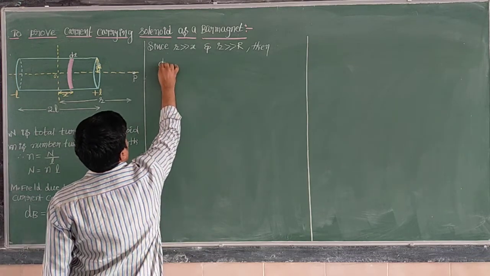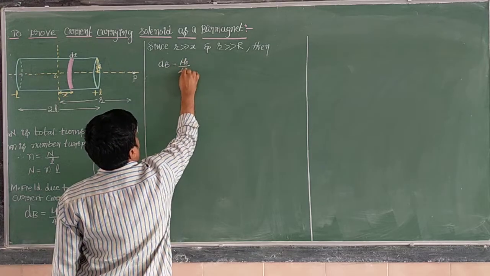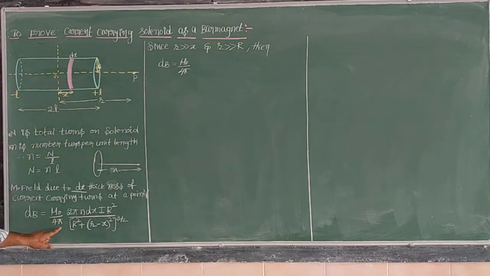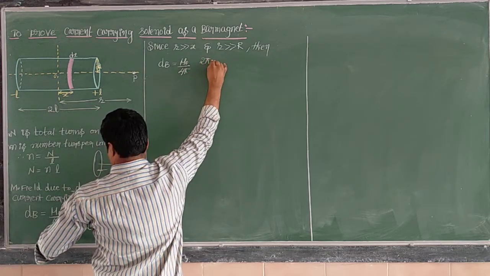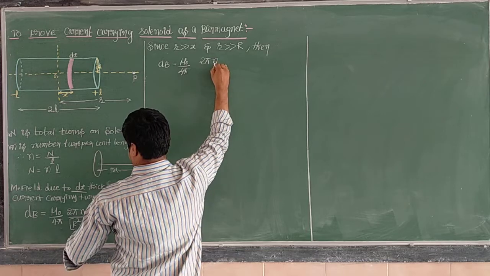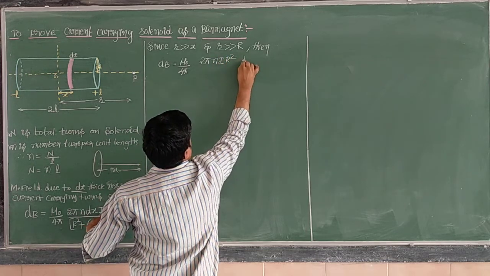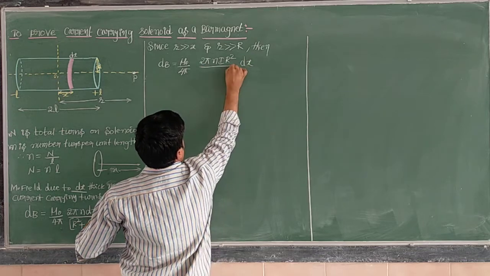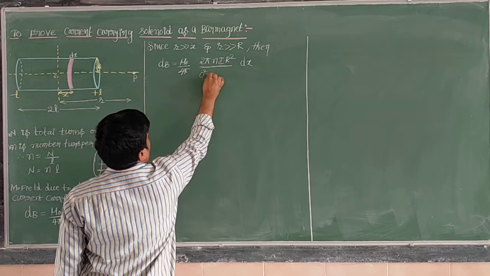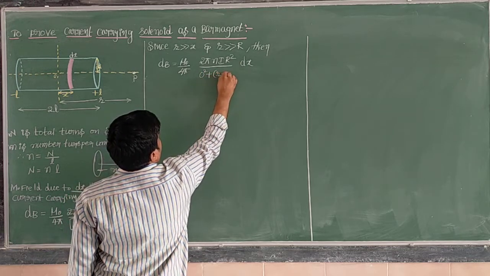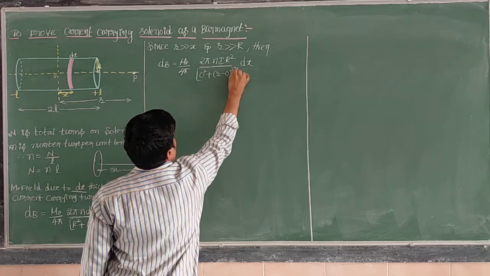So the magnetic field dB equals mu naught by 4 pi, look here, mu naught by 4 pi into 2 pi n I r square into dx divided by, this value is 0, so 0 square plus r minus 0 square whole power, what I can take, 3 by 2.